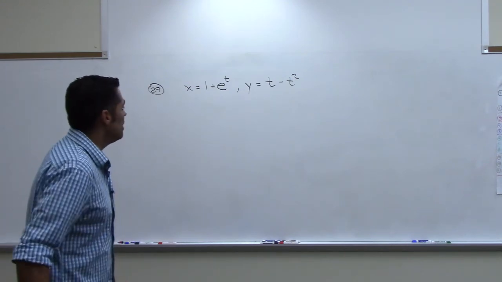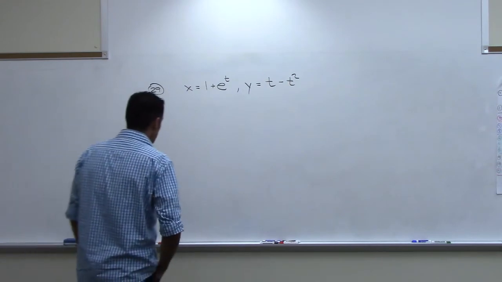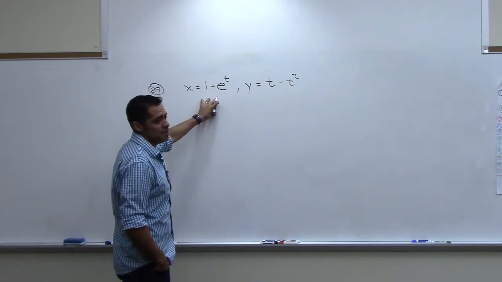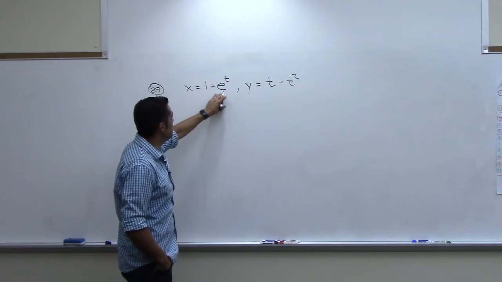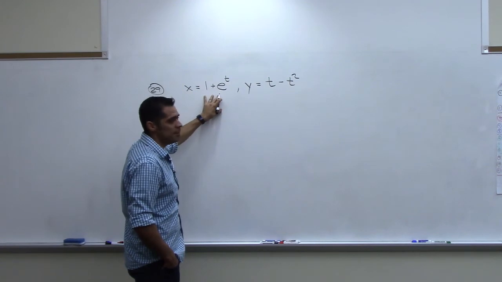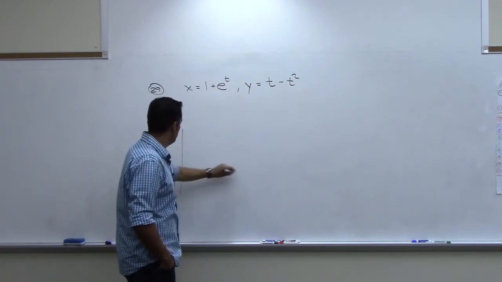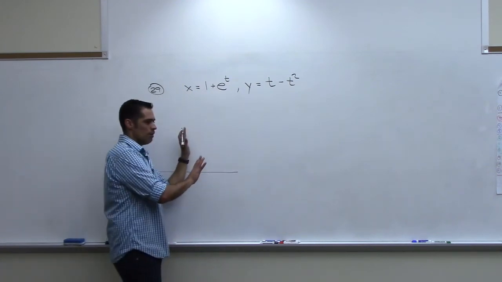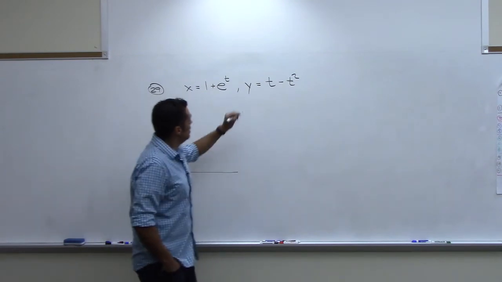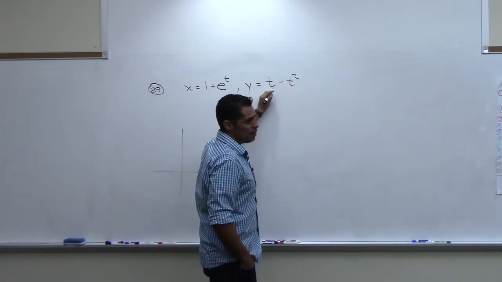So without even looking at this thing's graph, let me point something out. Your x coordinate is always positive because e to the t is always positive, plus 1. So I know that when I graph this, it's always in the first or fourth quadrant. Now, this y is a parabola.